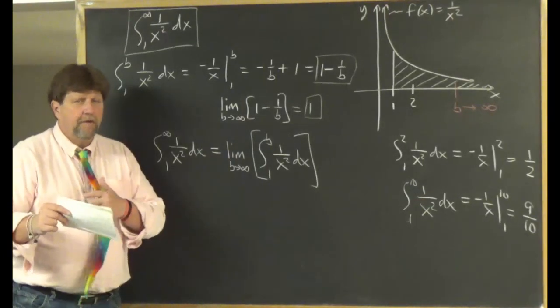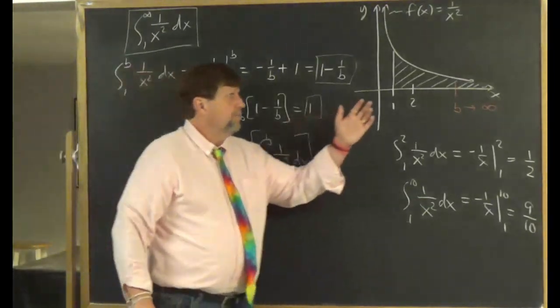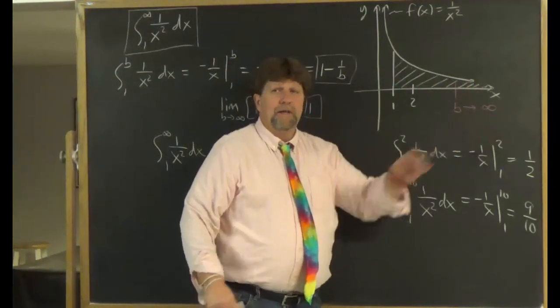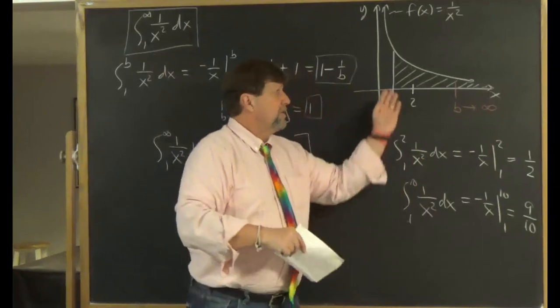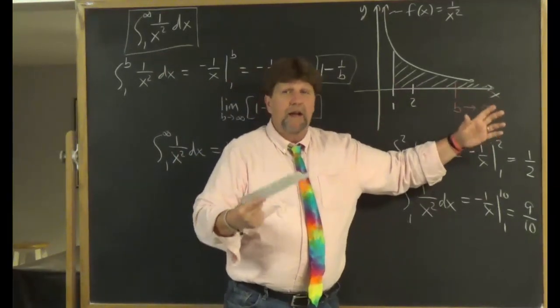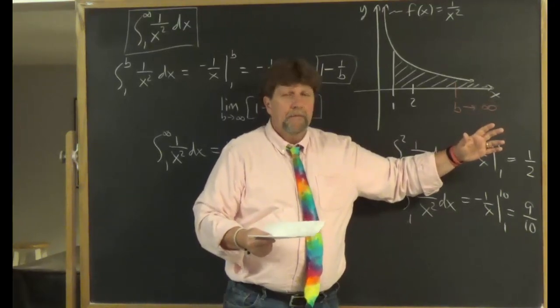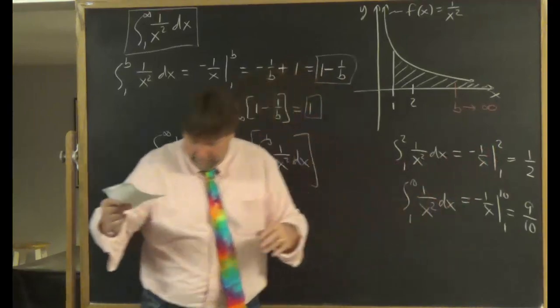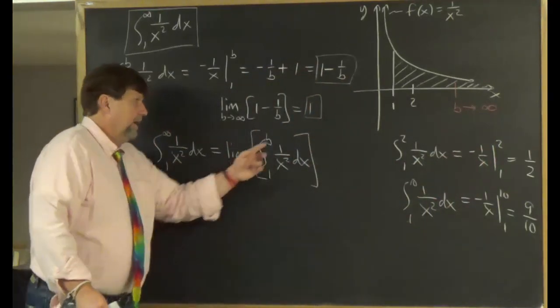And I know at first glance you're thinking, well, if this improper integral represents an unbounded region, a region that goes on forever and ever, the area would be infinity. And that's not the case here. That's why this stuff is kind of trippy. It's 1.